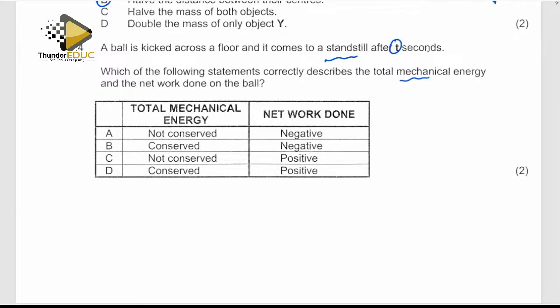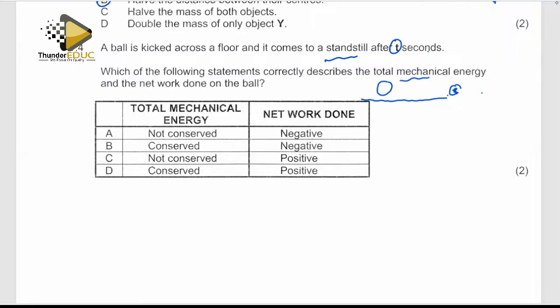One thing we know is that for as long as the ball is rolling, the floor is rough, and because of the presence of friction force, the ball will come to a standstill. Now, the kinetic energy will decrease because the final velocity is 0. And then the potential energy might stay the same.